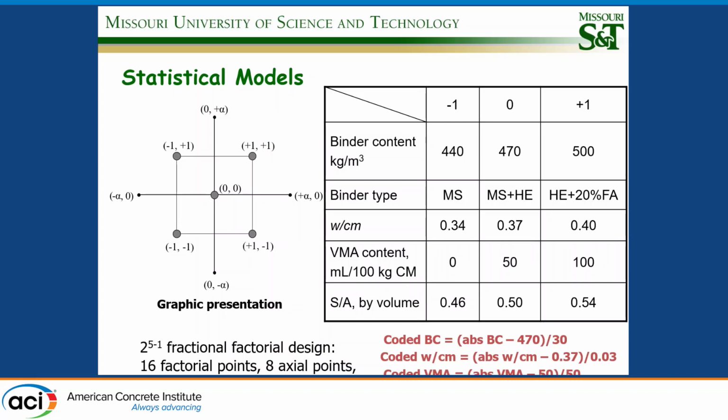For example, for the binder content, we said for SCC for prestressed precast application, between 440 and 500, the water binder ratio between 0.34 and 0.4. So we modeled that, and we have a range over there that we see. We used 16 mixtures, 4 central points, and then 8 axial points, those are validation points.